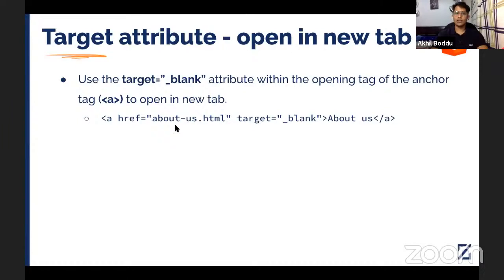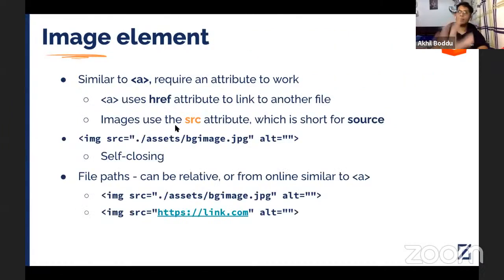Extremely useful, guys. And yeah, so here's the image element, okay? So similar to the anchor element, which requires the href attribute to work, the image element requires this src source attribute to work, right? src is the short form for source, okay? And you can see that we can use the relative paths over here as well.